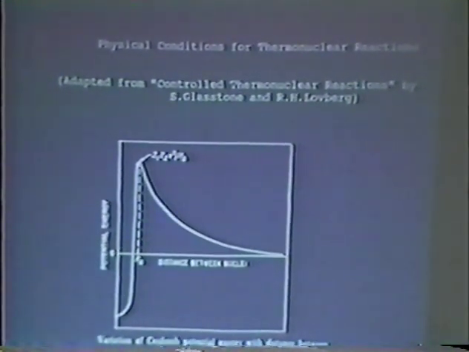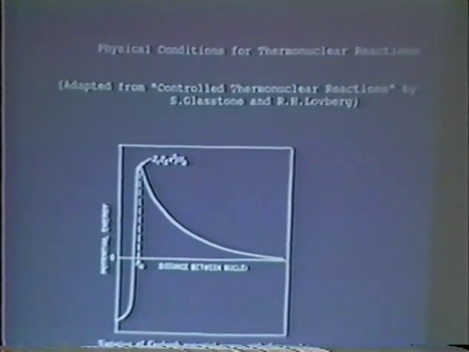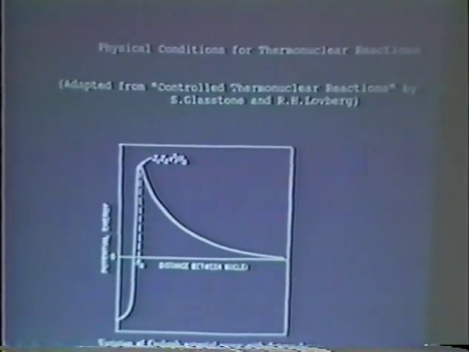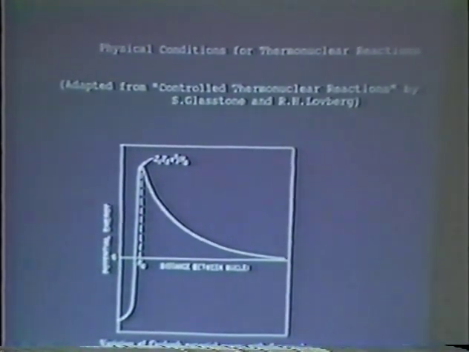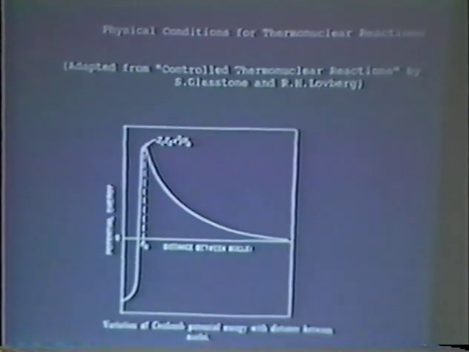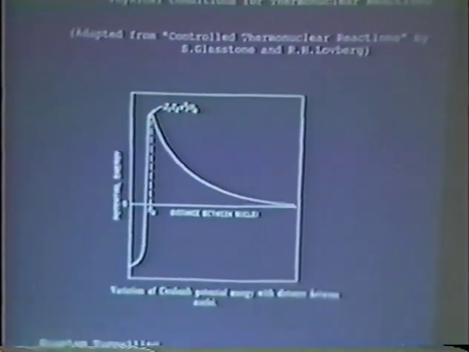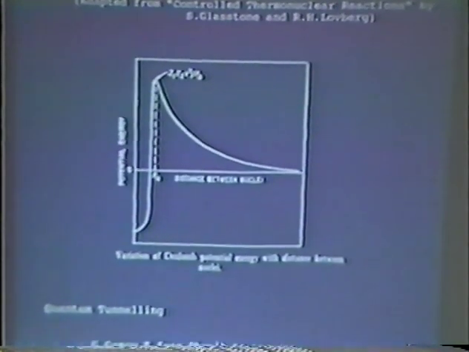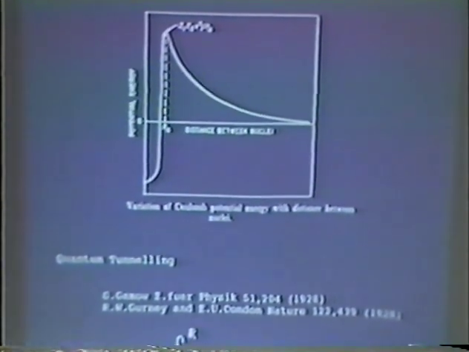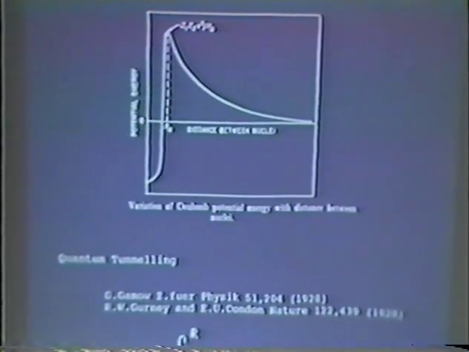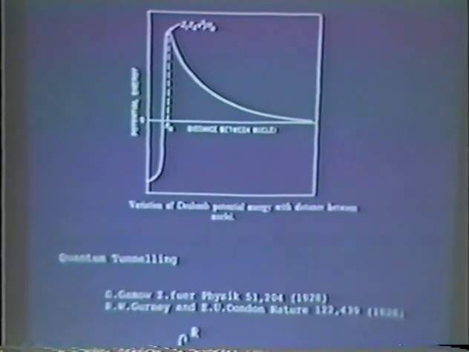These ideas were first investigated by Gamow and simultaneously by Gurney and Condon in 1928, using the new gadget of theory called quantum tunneling to explain alpha particle emission out of the nuclei. Our present focus in this workshop, of course, is similar but backwards. We want to get things in, causing fusion, rather than out as in the original alpha emission.